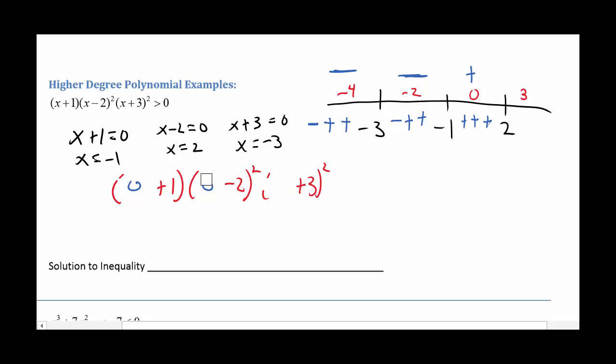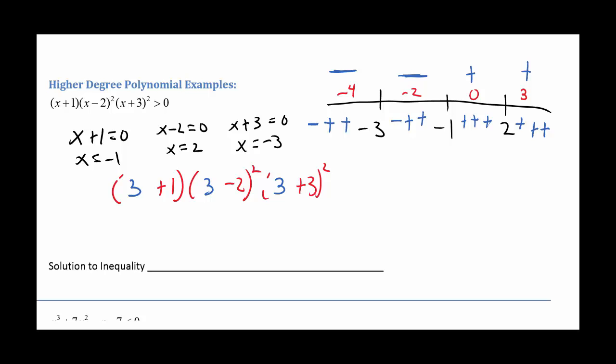And last but not least is the 3. So 3 plus 1 is a positive number. The two other terms are being squared, so they're always positive. And what do you get when you multiply 3 positives together? You get a positive result. Okay, so there's our sign chart. There's our number line.